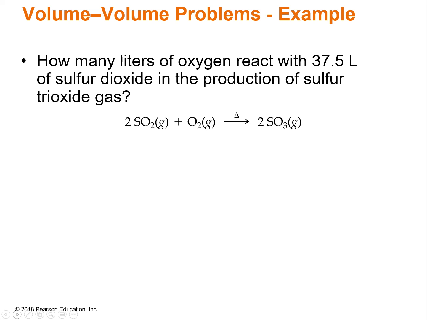So the generic one for this, we're starting with liters of A. We can get to liters of B directly by using a mole-mole ratio of B over A. And that's literally it. So instead of writing moles, you can write liters.